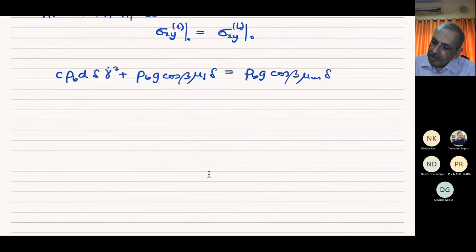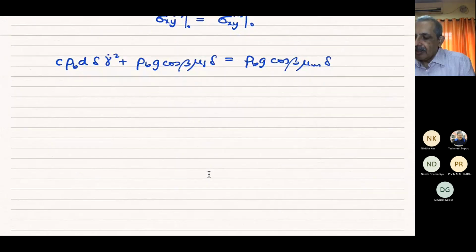If you look at this, this gives us essentially an expression for gamma dot. And so you can see that delta cancels out everywhere. So this delta just cancels out, and rho b also cancels out.